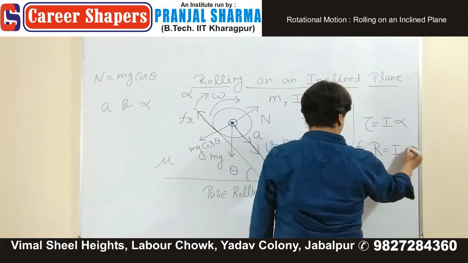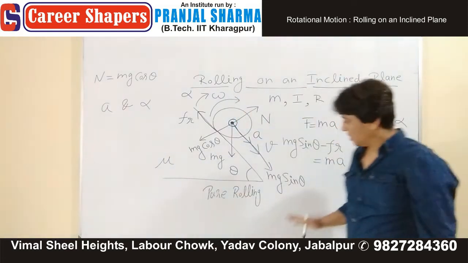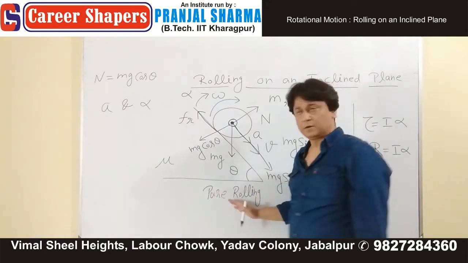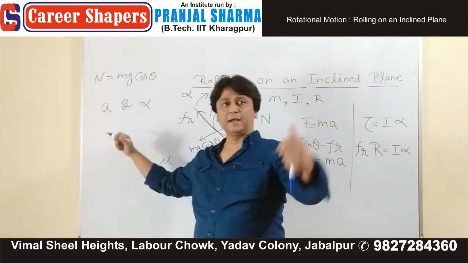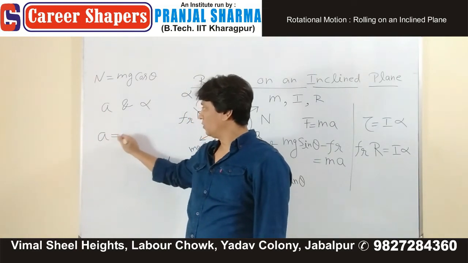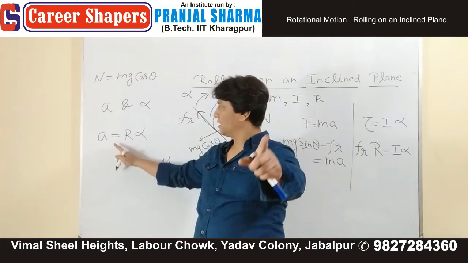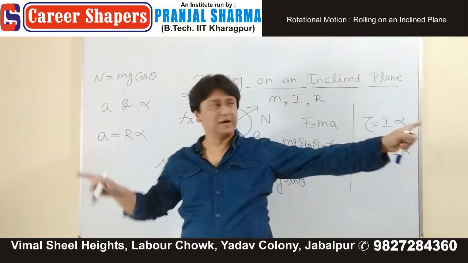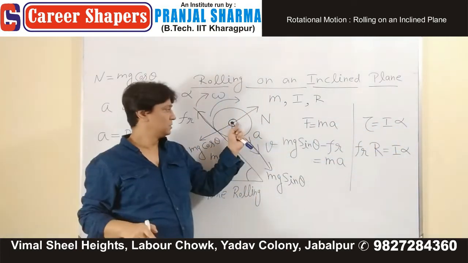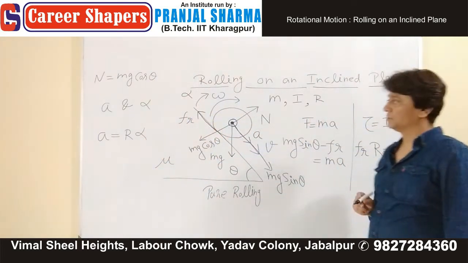I alpha. The last thing: for any type of pure rolling, a is always equal to R alpha. What is a? Acceleration of the center of mass. What is alpha? Angular acceleration.